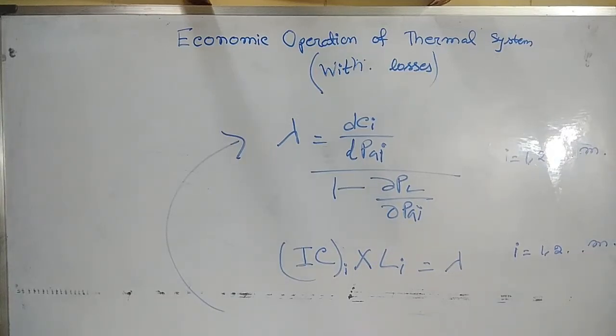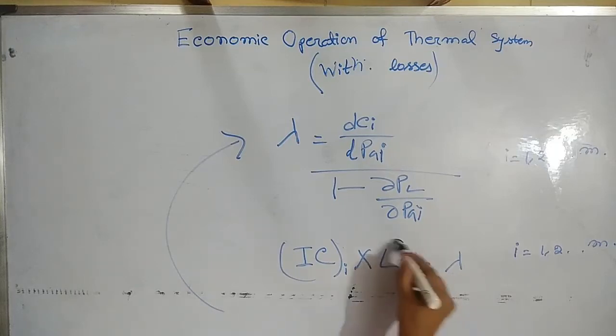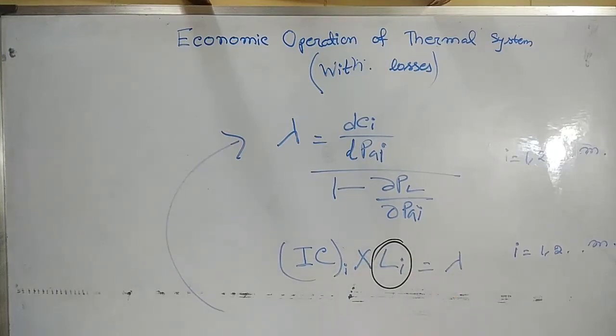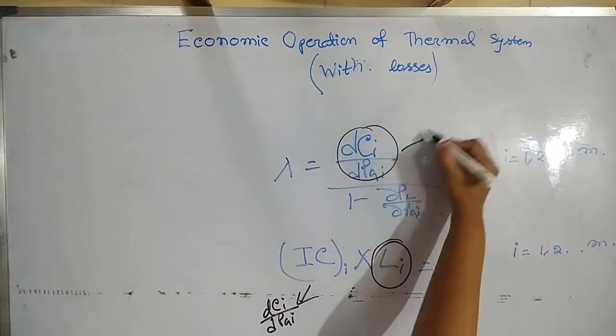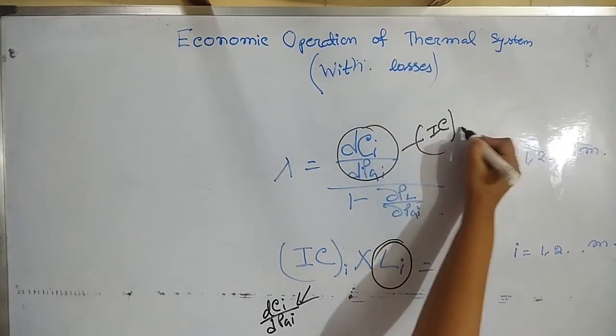Now what is Li? Li is the penalty factor. What is the value of incremental cost? It is dCi by dPgi, which is equal to the incremental cost IC.